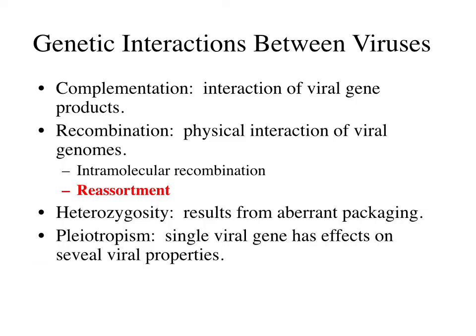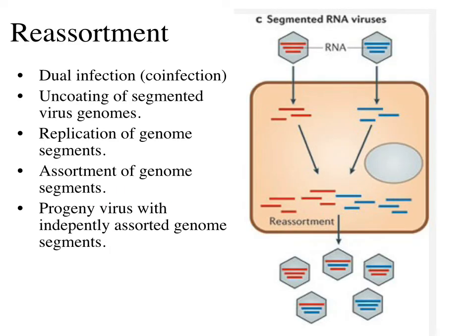And then we have reassortment. Virus reassortment, or simply reassortment, is a process of genetic recombination that is exclusive to segmented RNA viruses, in which co-infection of a host cell with multiple viruses may result in the shuffling of gene segments to generate progeny viruses with novel genome combinations.